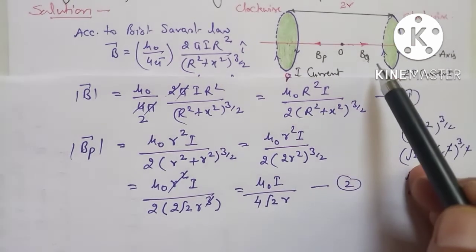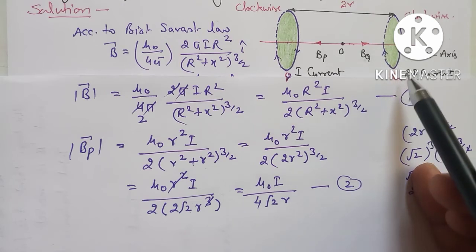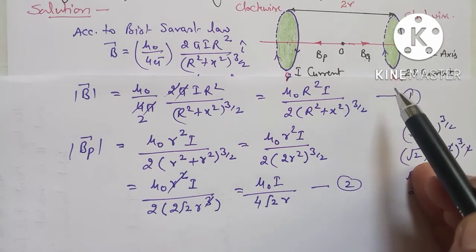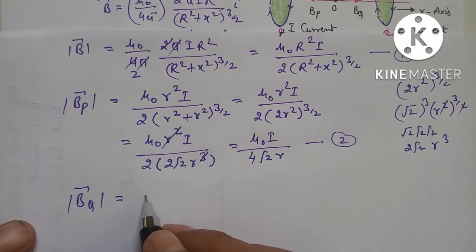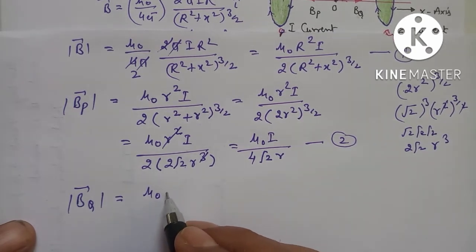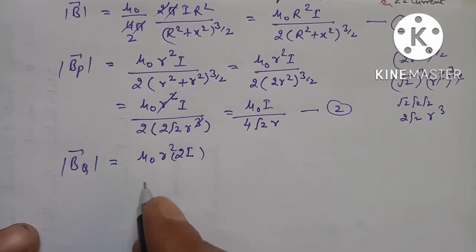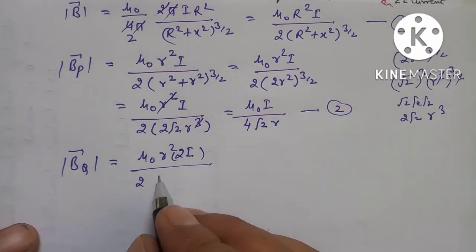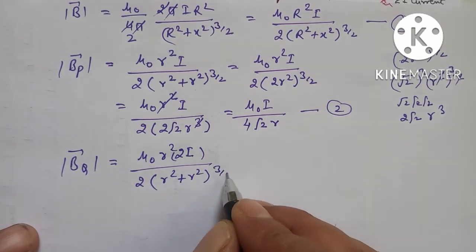Now we are going to calculate the magnetic field at O due to this circular coil Q. Let us suppose that is BQ, and this equals mu naught times the radius of coil Q, also r, so r square, and the current flowing through coil Q is 2I, over 2 times (r square plus r square) raised to power 3 by 2.